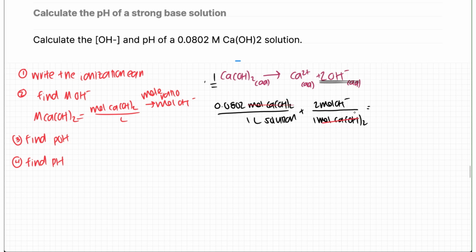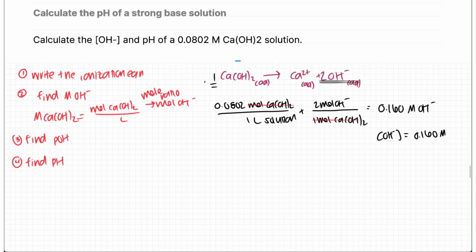The moles of Ca(OH)2 will cancel, and we're going to have 0.160 molar OH-. Our concentration of OH-, one of the answers that we need, will be 0.160 molar.